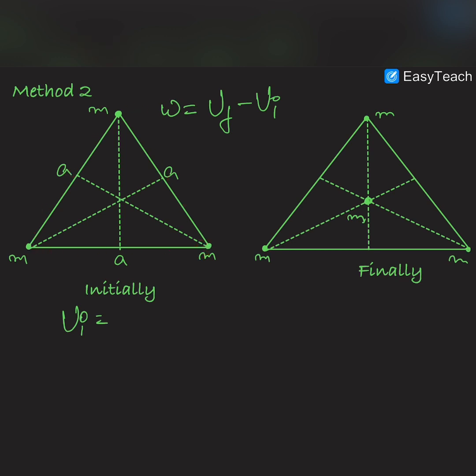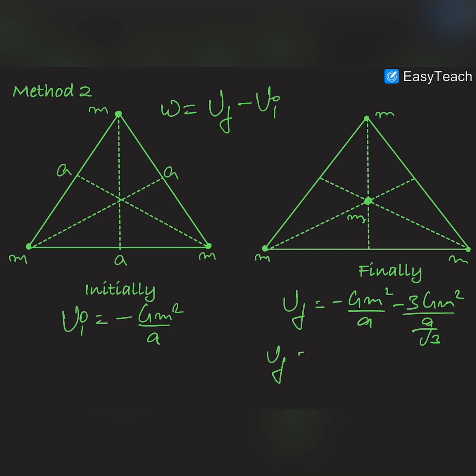So there are three pairs in this case, so the potential energy would be minus GM square by a, and in this case there are 6 pairs. So the potential energy of these three pairs would be minus GM square by a, and the potential energy of these three pairs would be minus 3 GM square by a by root 3.